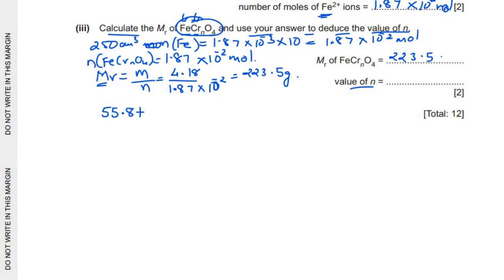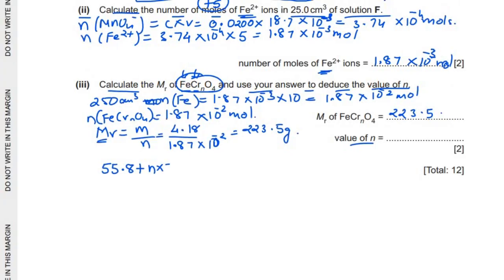Chromium, we know there are N number of chromium atoms, and the mass of chromium is 52, so N multiplied by 52. And oxygen is 16, multiplied by 4, and the total is 223.5 gram. So in this substitution, we get the value of N equal to 1.99. So obviously the value of N is 2 here. I hope the calculation is very clear.